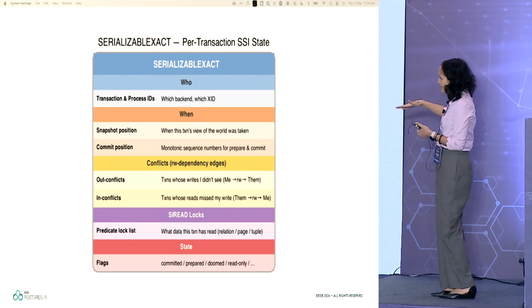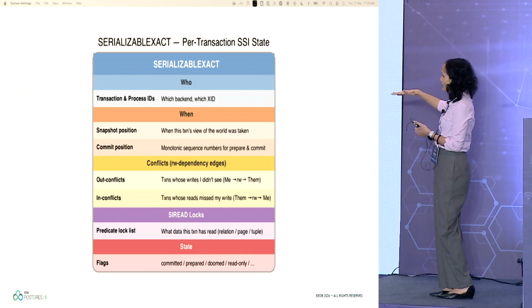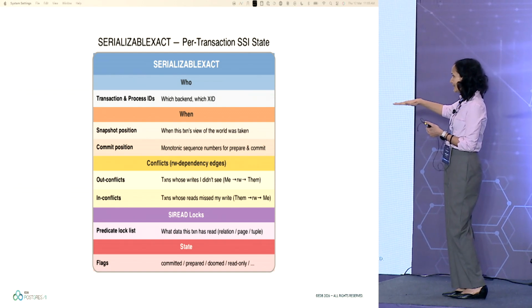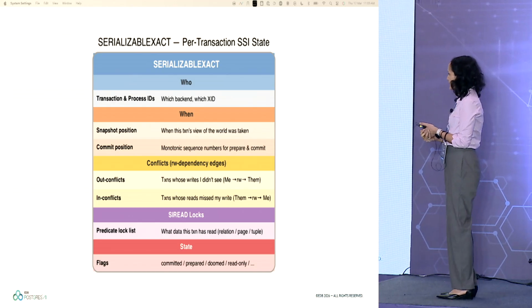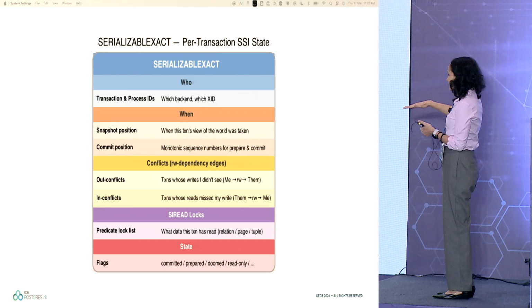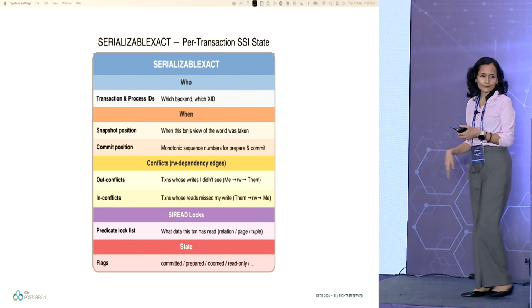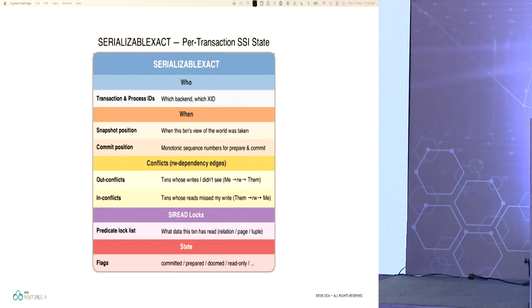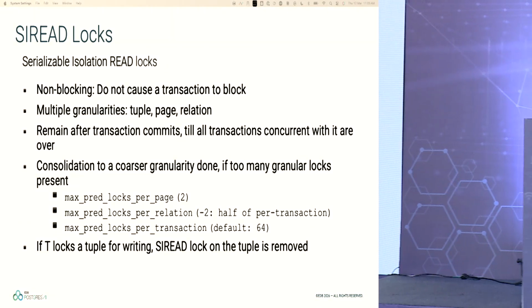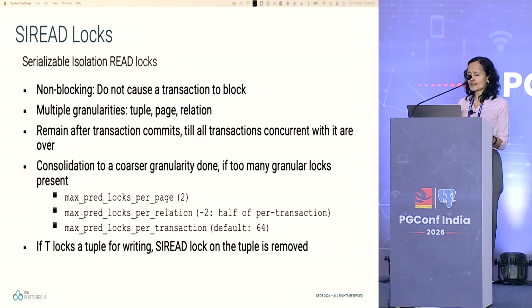This is a list of other serializable transactions. There is also a list of SI read locks. SI read locks are also predicate locks, which this transaction has taken, and the state of where this transaction is. So SI read locks are serializable isolation read locks.